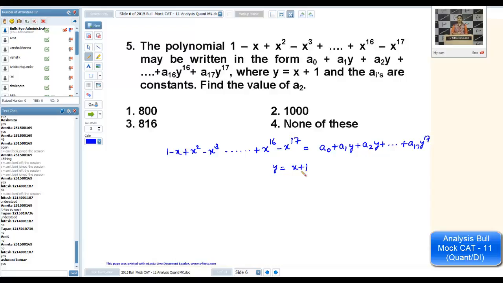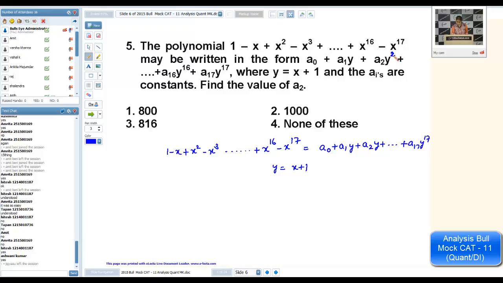Basically, we want to convert the original equation into y, then find one of the coefficients. So what is asked? That is a2, the coefficient of y square.